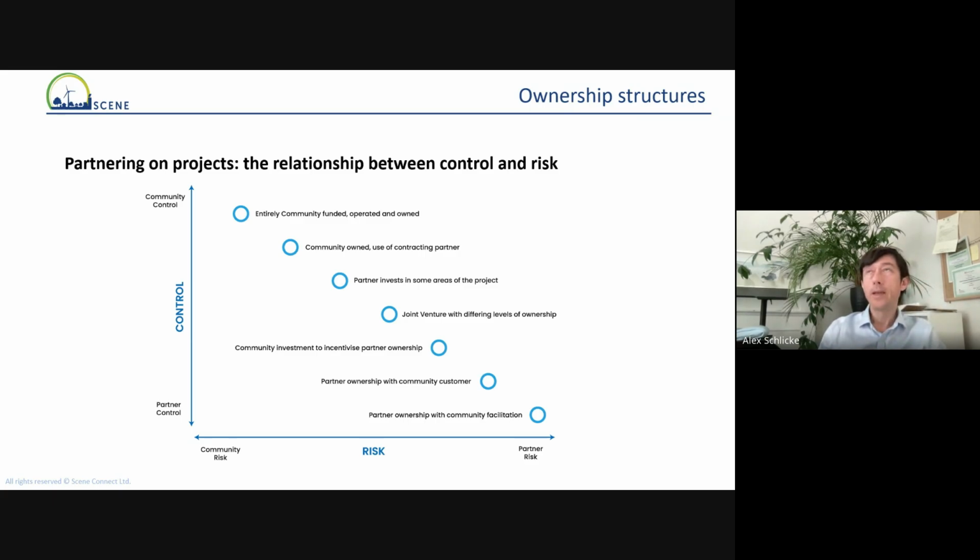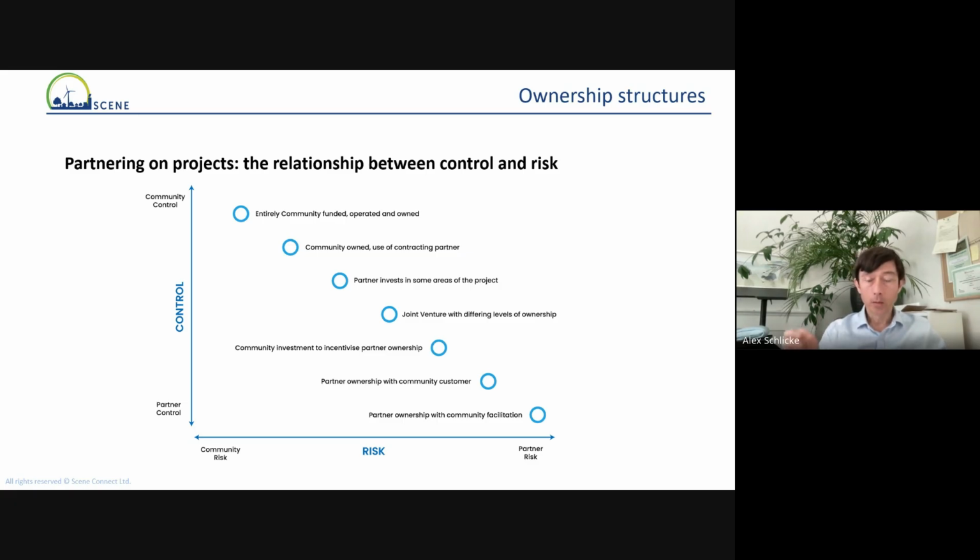And there are various options in between, which are possible or necessary. So it might be that as a community, you really want to take on all of the ownership and all of the risk, but it might be that certain key stakeholders in the process, like the funder, won't support that and need a partner involved who's got other credentials or track record that allow you to get through the process.